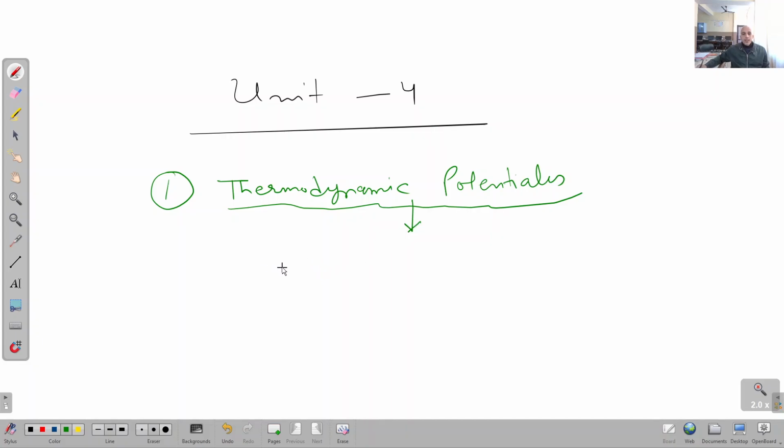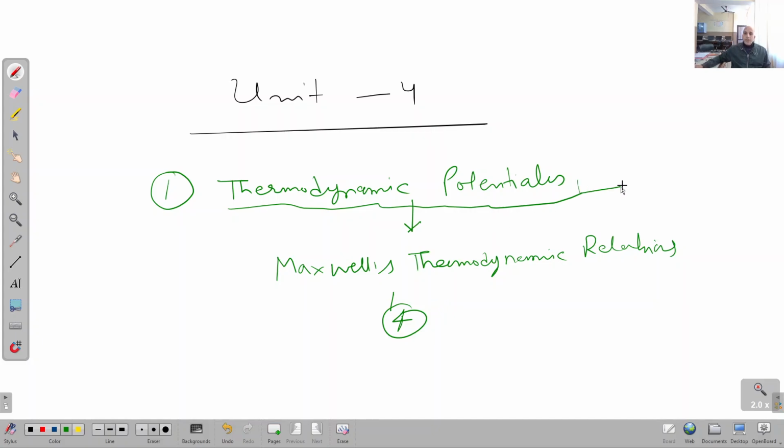Then, by using these thermodynamic potentials, we will derive Maxwell thermodynamic relations. These Maxwell thermodynamic relations are basically four Maxwell equations, which are very important in the statistical and thermodynamic course, right? So I'm coming to the first topic, that is thermodynamic potential, right?